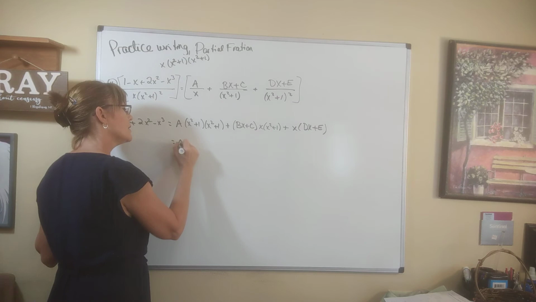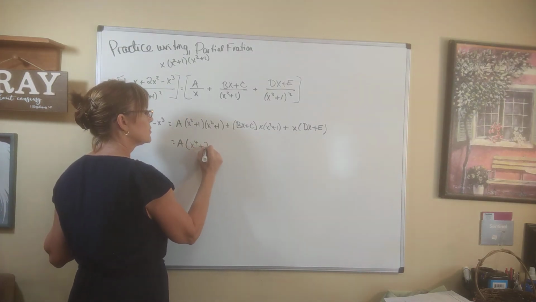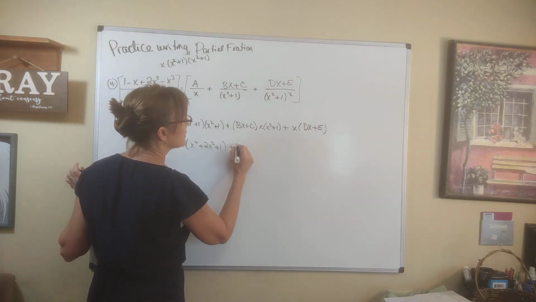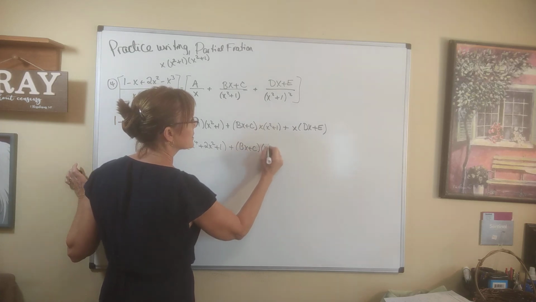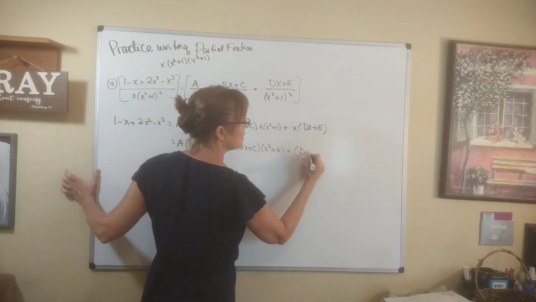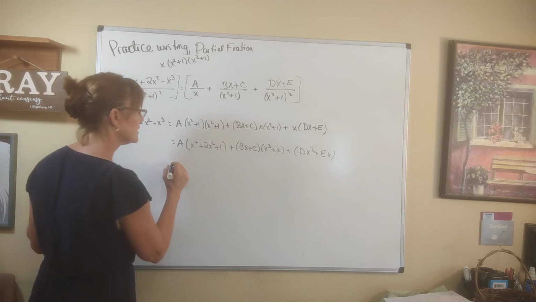All right, so here we go. Let's go ahead and multiply this out. This is going to be x to the 4th plus 2x squared plus 1. This is going to be bx plus c times x cubed plus x. This is going to be dx squared plus ex. All right, let's keep working on this.